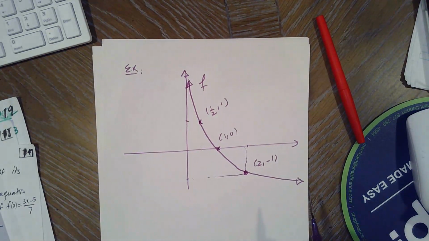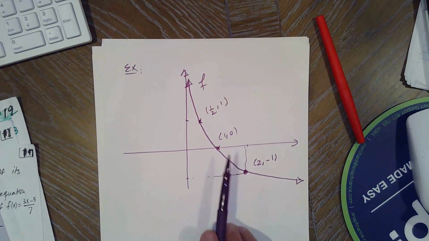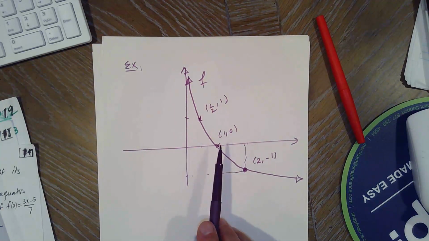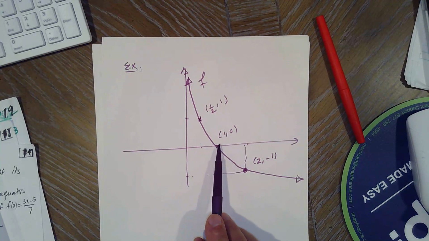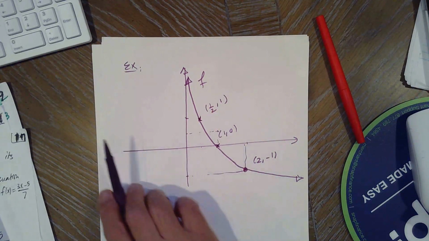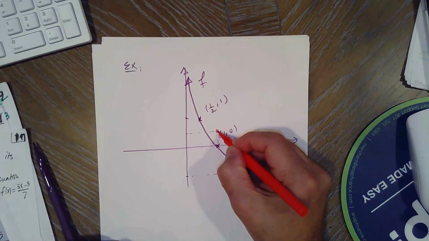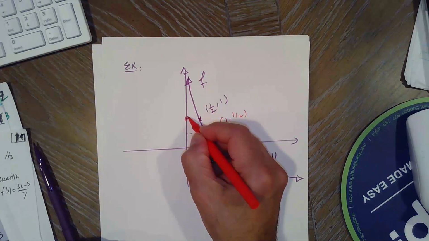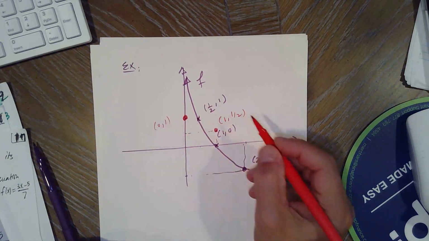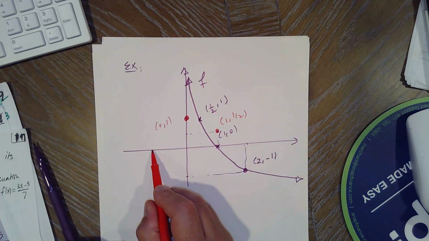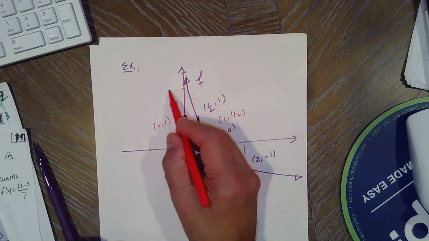Now I want you to do the inverse. So you start out by reversing these values. (1/2, 1) would be (1, 1/2). I'll use a different color. (1, 0) would be (0, 1). And (2, -1) would be (-1, 2).